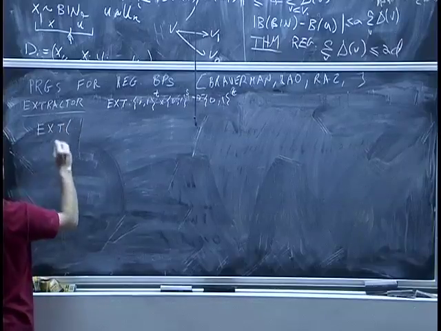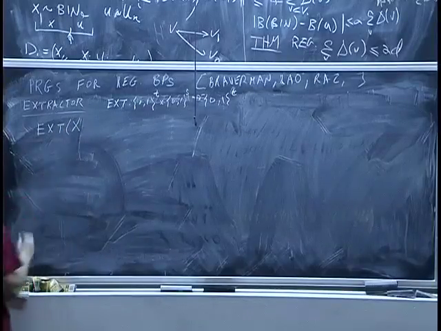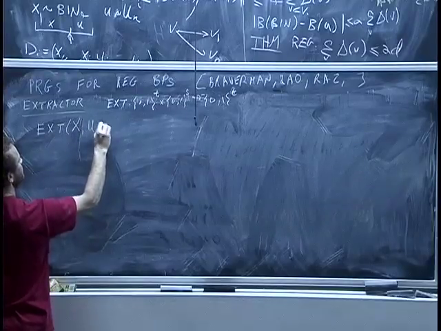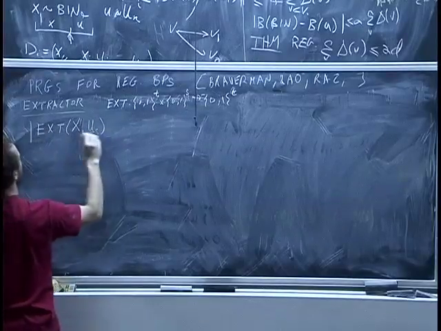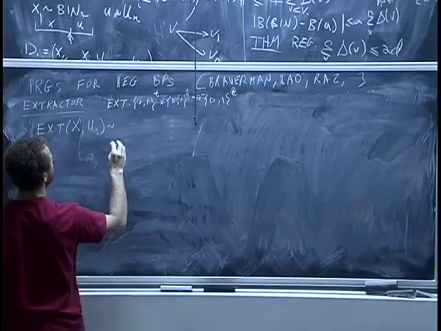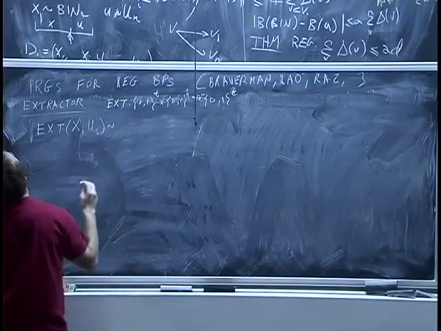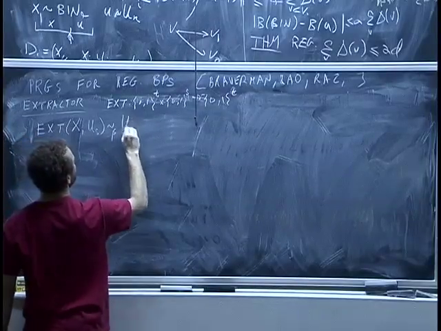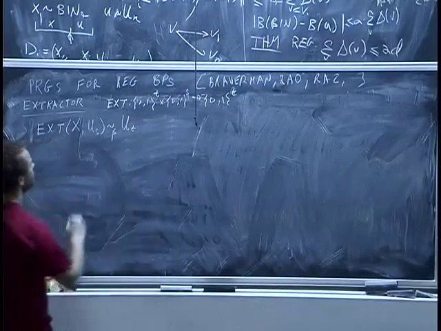If we apply the extractor on some variable x and the uniform distribution on s, the result will be beta close to the uniform distribution on t.